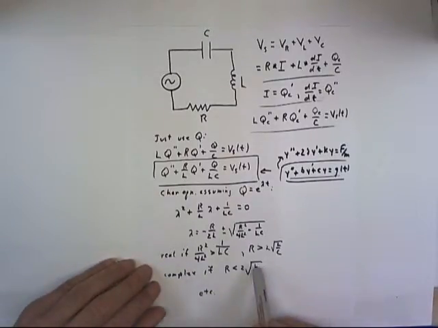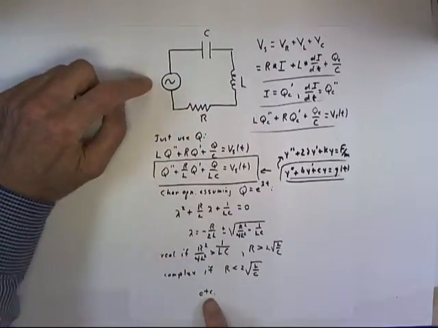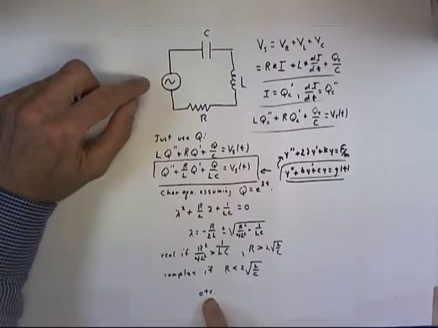If R is less than this, you have two complex solutions. And as you should understand by now, the complex solutions are the ones that lead you to the oscillatory behaviors, the sines and the cosines. And it's those behaviors that are of general interest in the analysis of circuits.